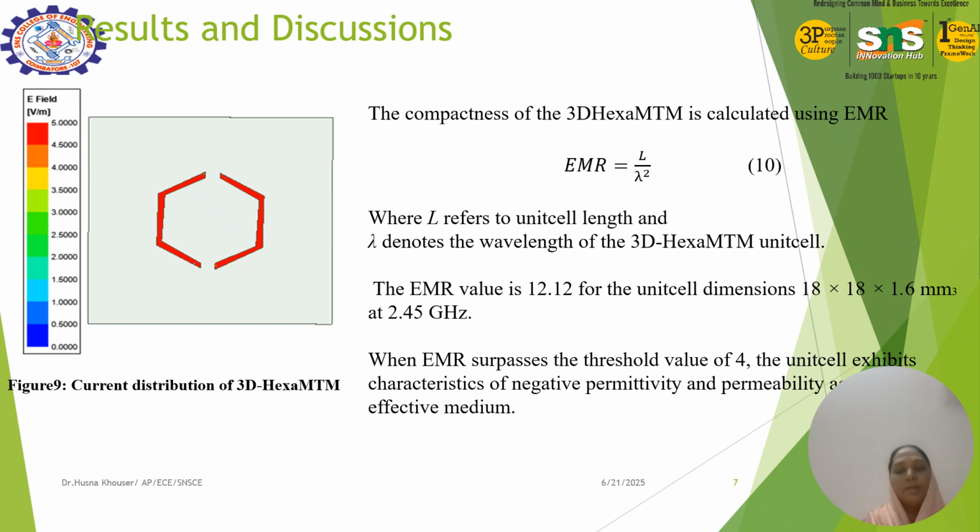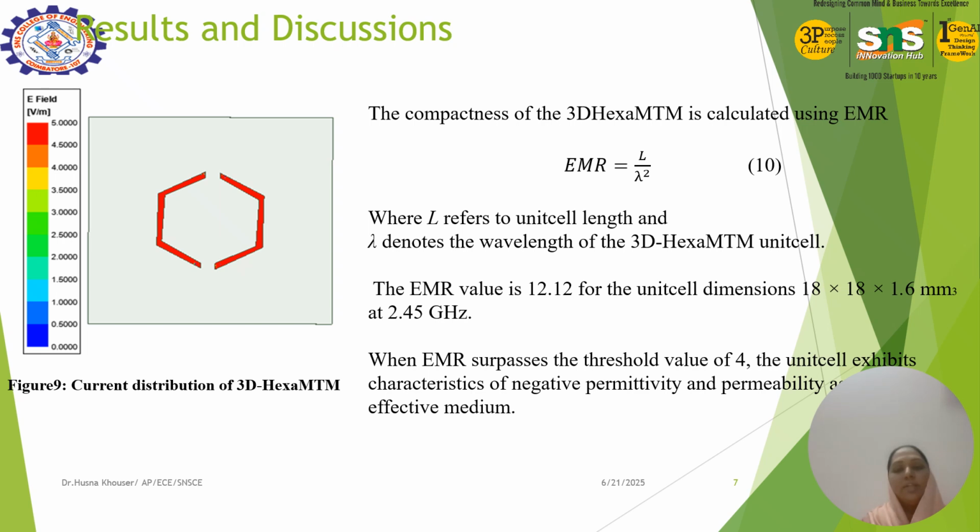Based on this, we have achieved compactness of the 3D metamaterial, which is calculated based on the effective medium ratio. The effective medium ratio is calculated from the length of the unit cell and the wavelength of the 3D hexagonal metamaterial structure. The EMR value achieved is 12.12 for a unit cell dimension of 18 by 18 by 1.6 mm at 2.45 gigahertz.